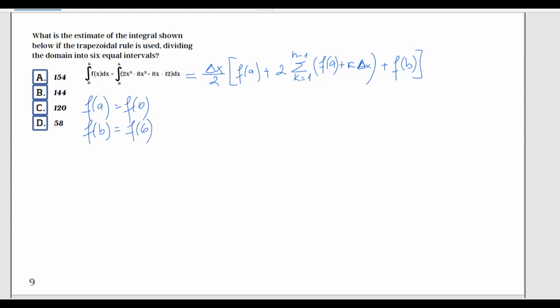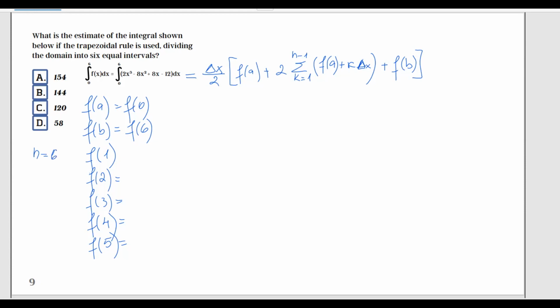And within this parenthesis, we have to calculate f of 1, f of 2, f of 3, f of 4, f of 5, and the number of intervals we have is 6. So n equals 6.